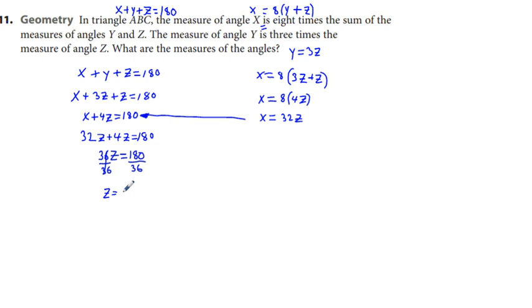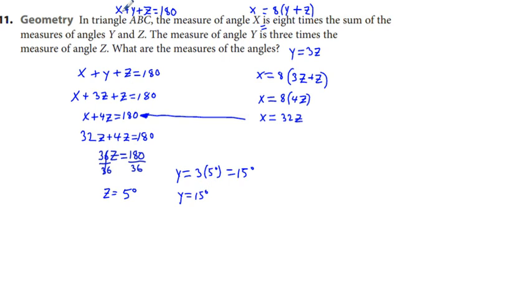So z equals 5 degrees. And next, we're going to go ahead and take y equals 3z. So y is equal to 3 times 5 degrees, and that's going to be equal to 15 degrees. So y equals 15 degrees.